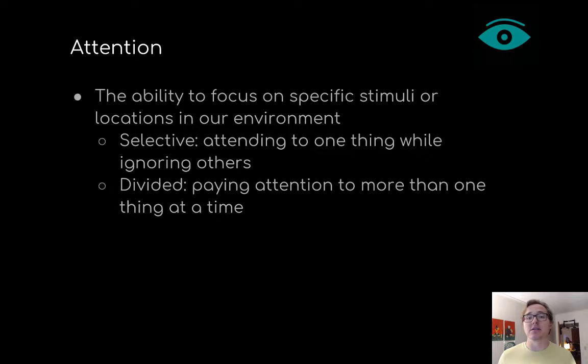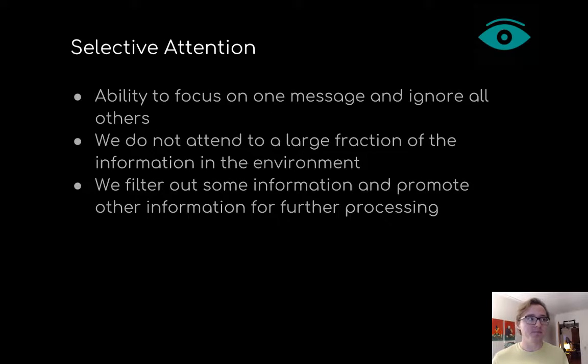People sometimes refer to this as split. It's also referred to as attention switching, and basically the idea of being able to move from one object to another rapidly in a way that almost seems as if we're paying attention to multiple things at one time. But for today, we're going to focus on selective.